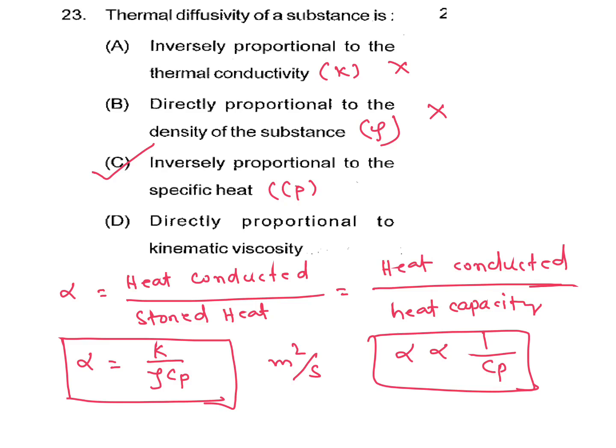Directly proportional to the kinematic viscosity? This one is not related. So C is our answer. This type of question they ask in ISRO, IES and BEL also. So this is very important: thermal diffusivity is the ratio of heat conducted by heat stored, mathematically, then its unit.